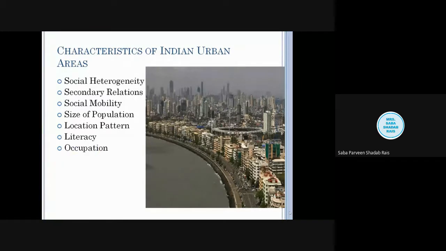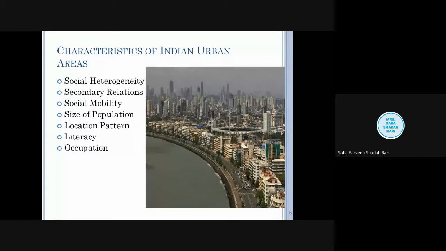Now, when we talk about occupation, definitely the majority of people here will be engaged in the service sector, followed by the secondary sector.